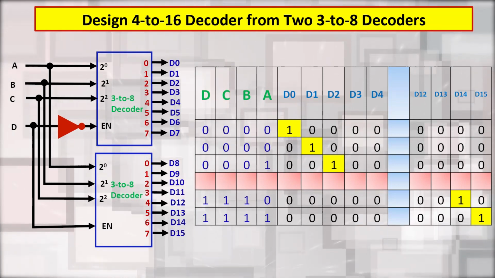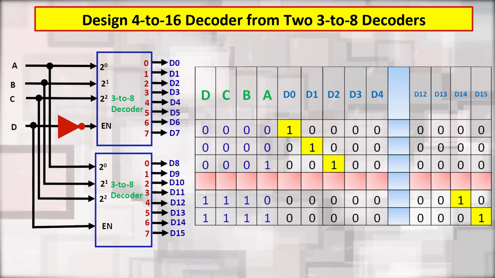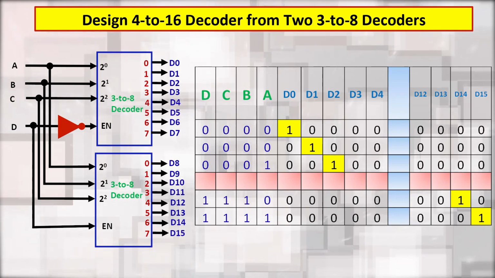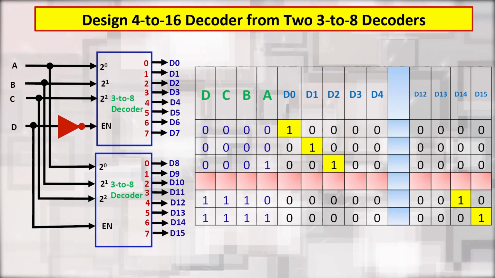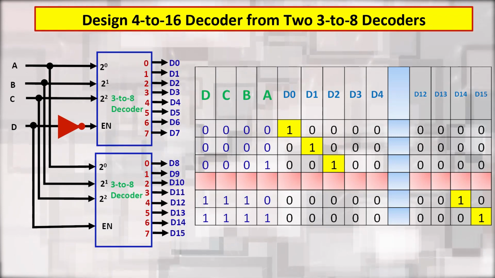So, this way the circuit is realized for the 4 to 16 decoder using 3 to 8 decoders.